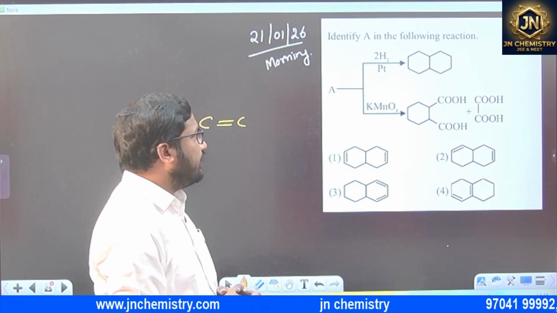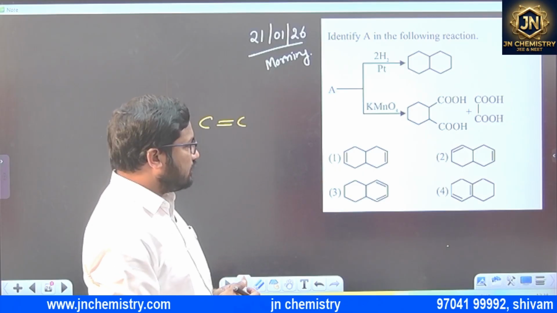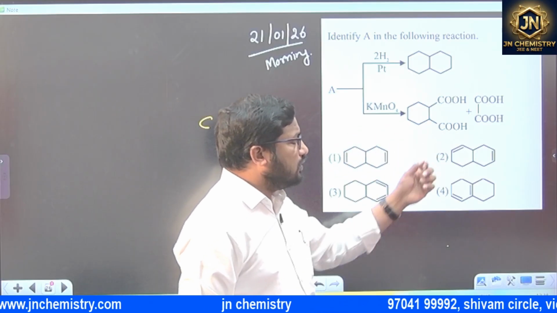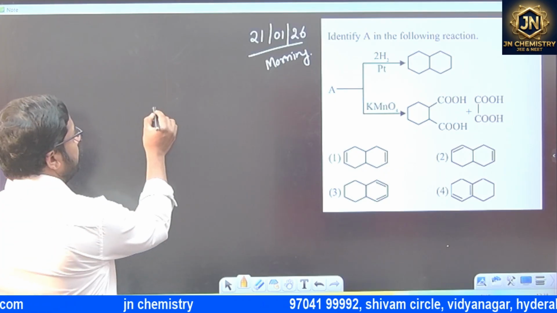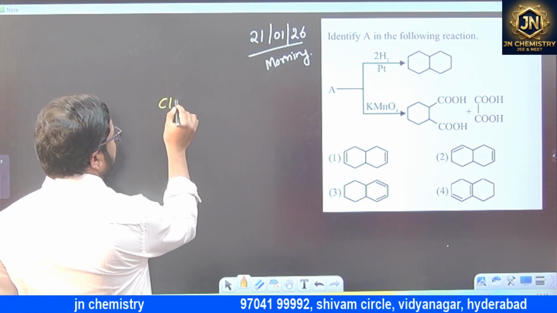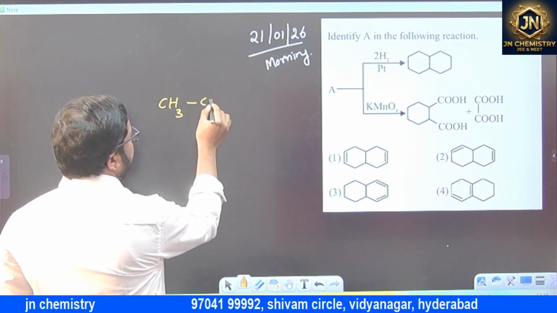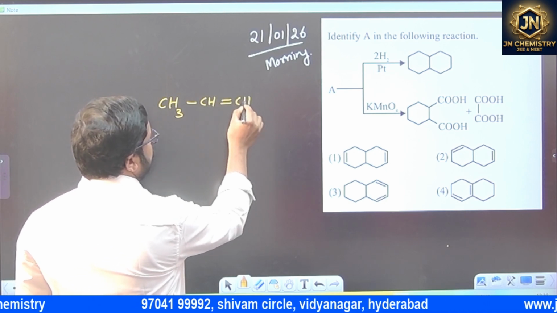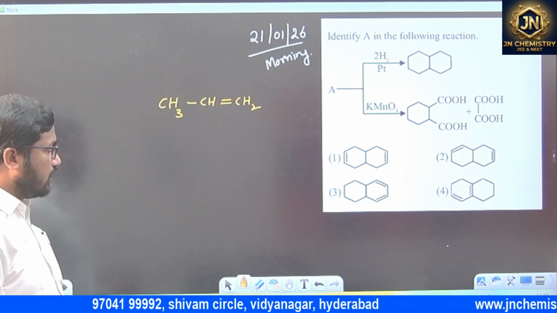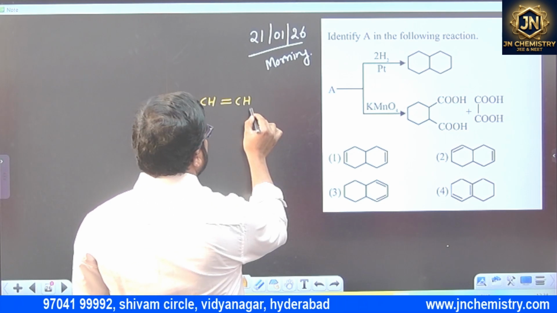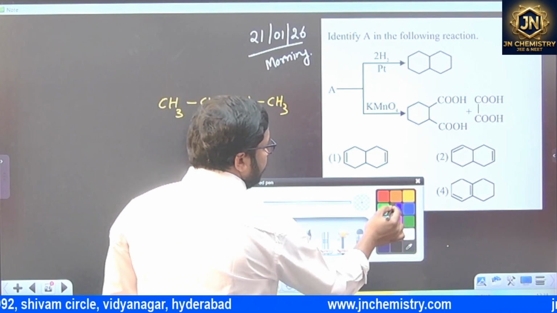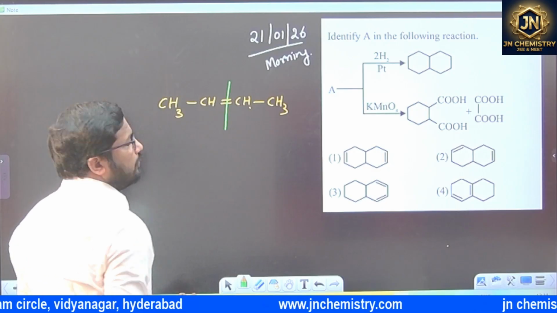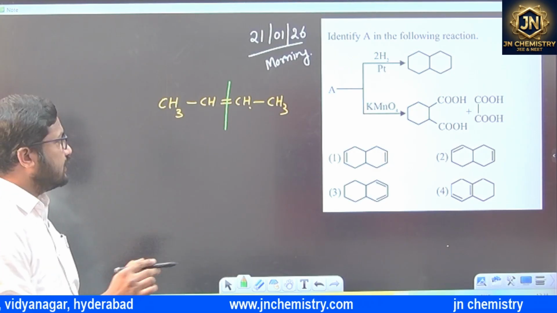Then the second one, in the second case, KMnO4. Particularly KMnO4 with alkenes. We need to know, for example, CH3CH double bond CH2, what I am trying to say. To solve this one, we need to break the bond first, like we do in ozonolysis.